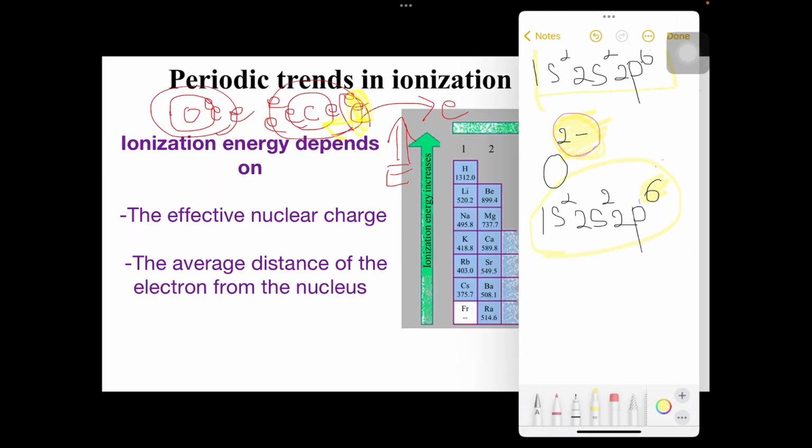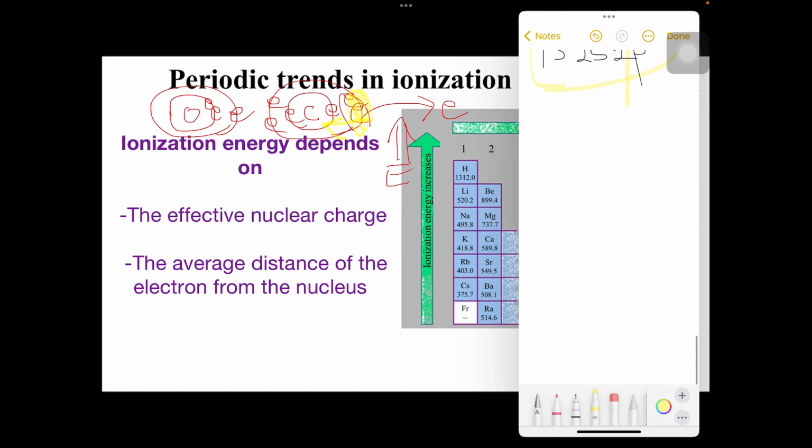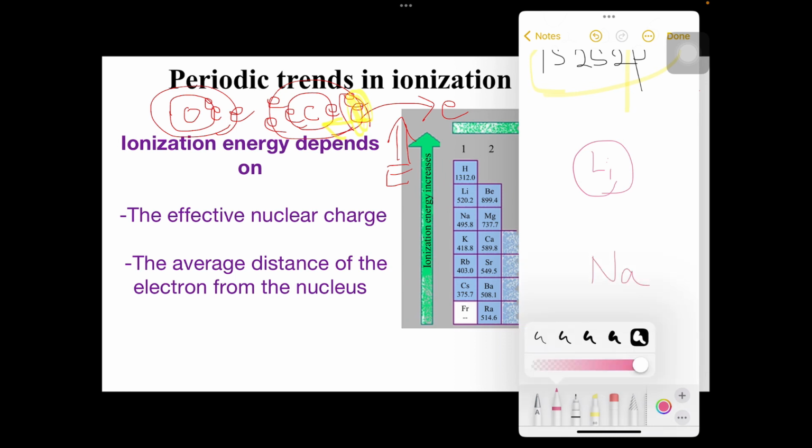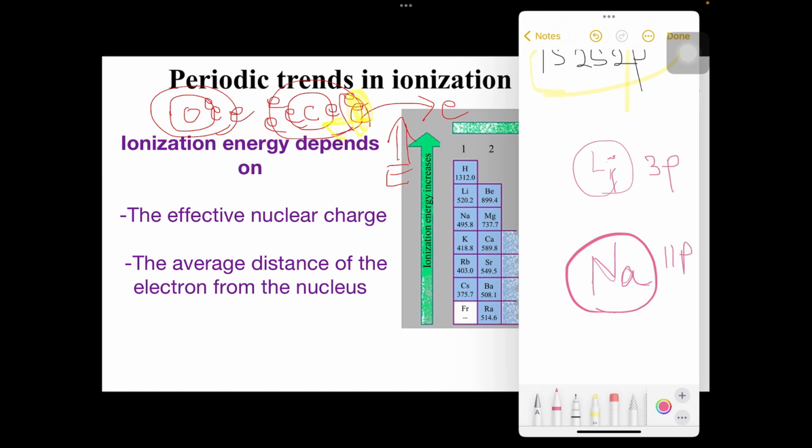So we can consider once more, down the group, lithium and sodium. Sodium has 11 protons and lithium has just 3 protons. But in sodium, the electrons are distributed in 3 energy levels.